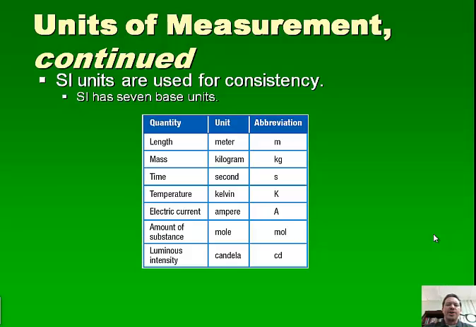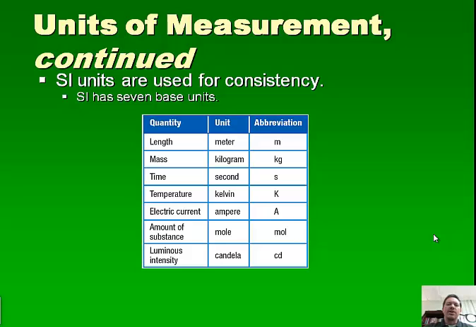For electric current, it's the amp. For amount of substance, we use the mole. And for luminous intensity, we use candela. We can throw volume on here as well, which we tend to measure in liters.